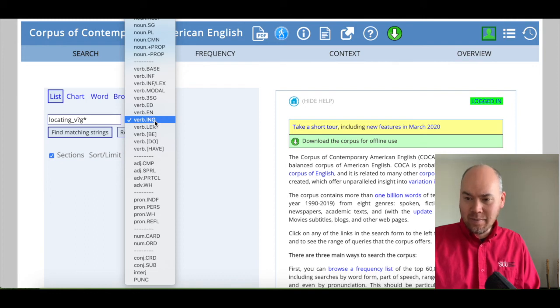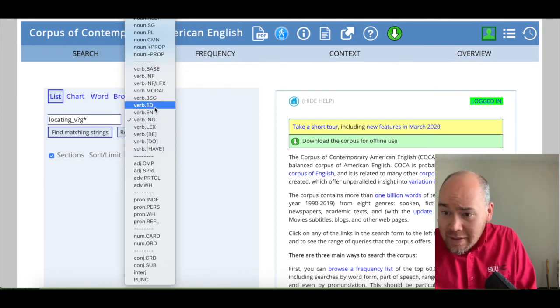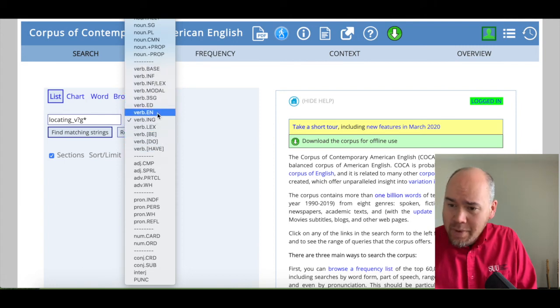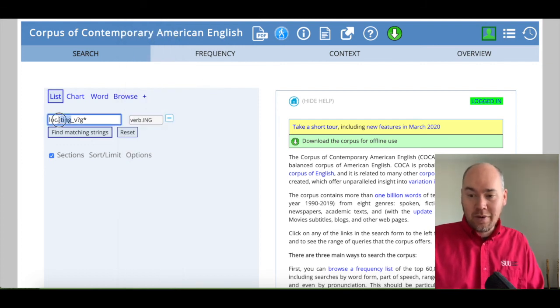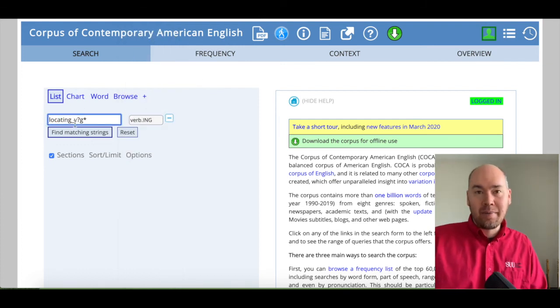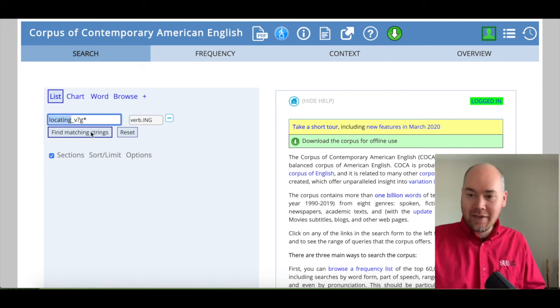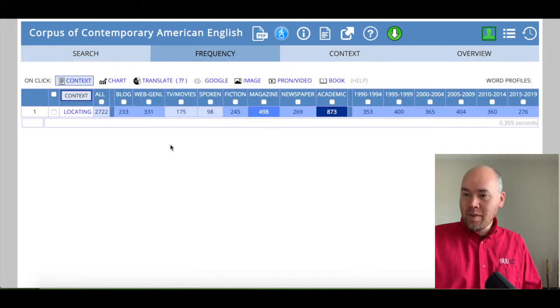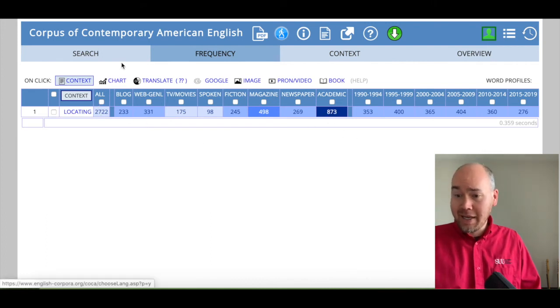It's just present participles. I think, isn't there another one for gerunds? Maybe there isn't. Okay, in any case, this will give me the score. This will give me how common locating as a verb form of locate is. And it's pretty common. Most common in academic writing.